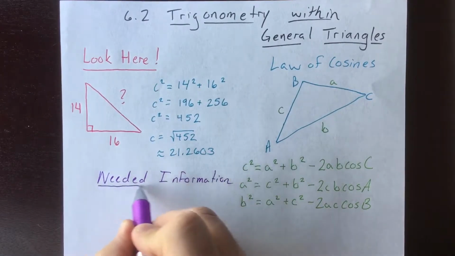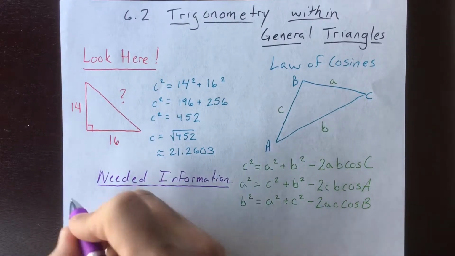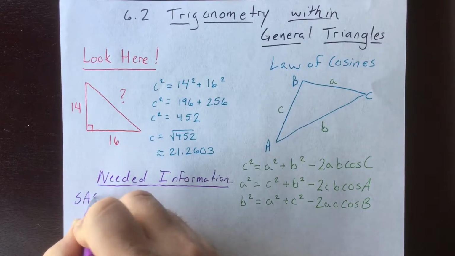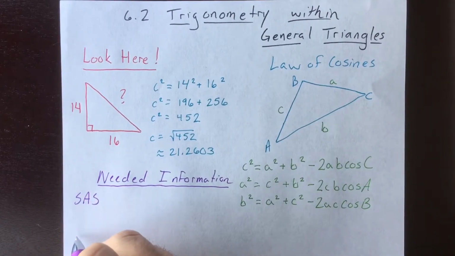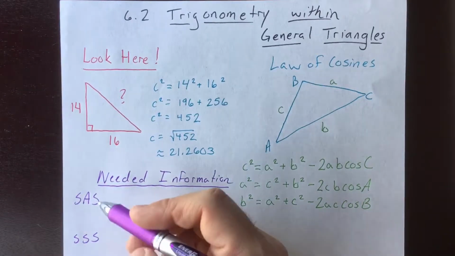Okay, so we've examined when we're able to use the law of sines for the angle side angle and the angle side situation. Here for law of cosines, we're able to use it given these two. We've already seen this configuration within geometry.